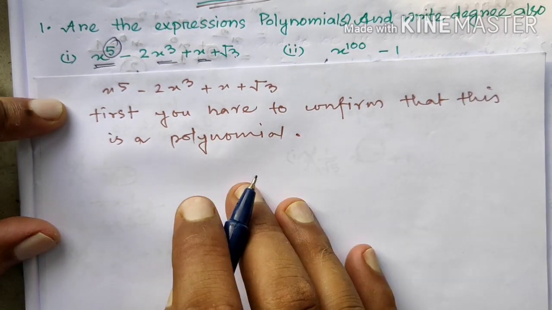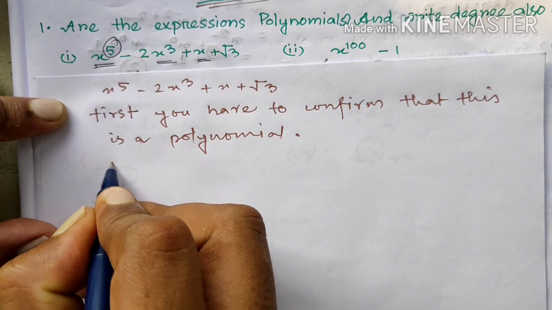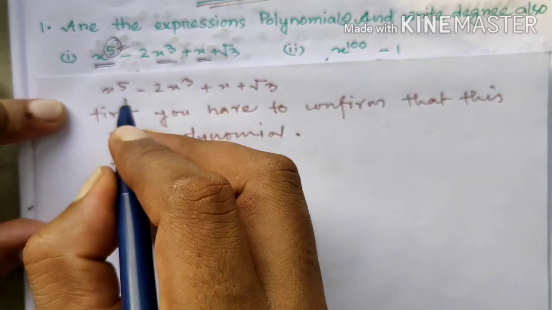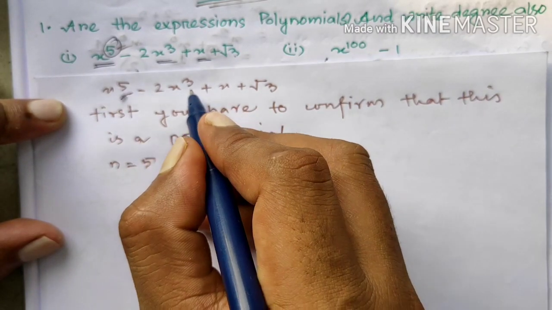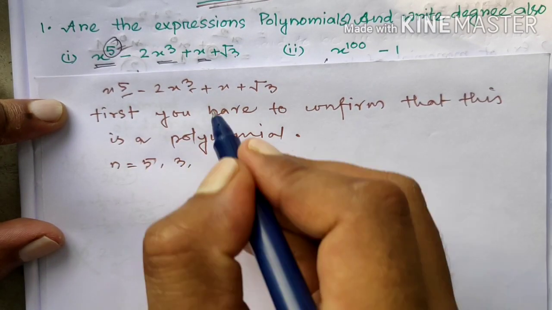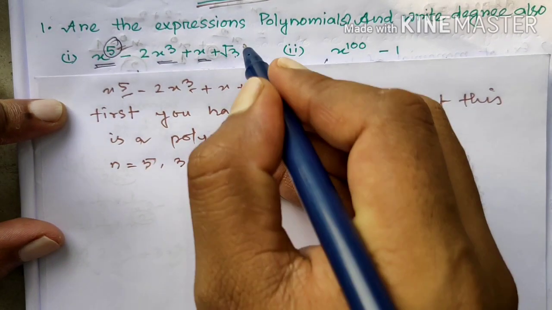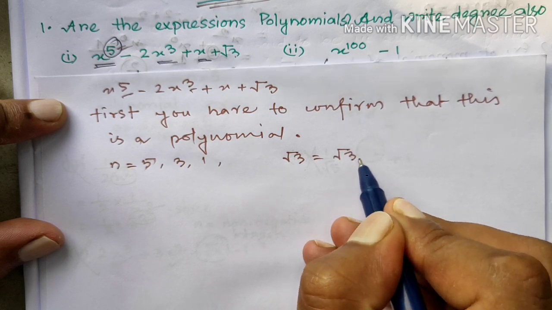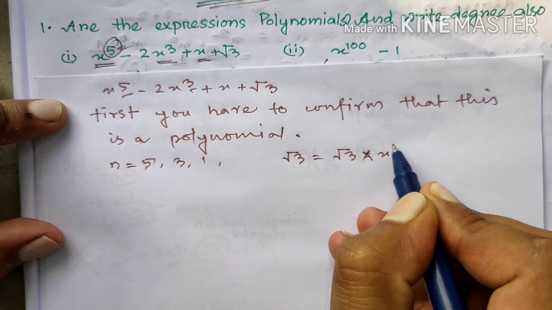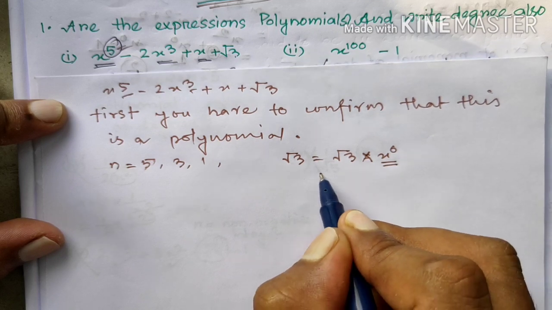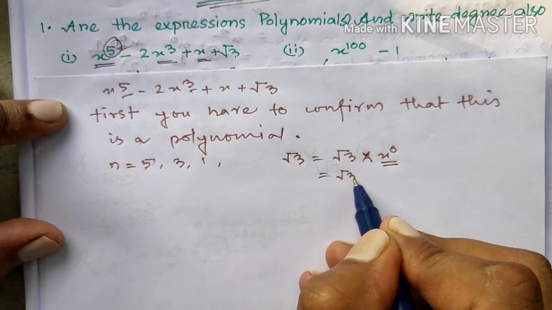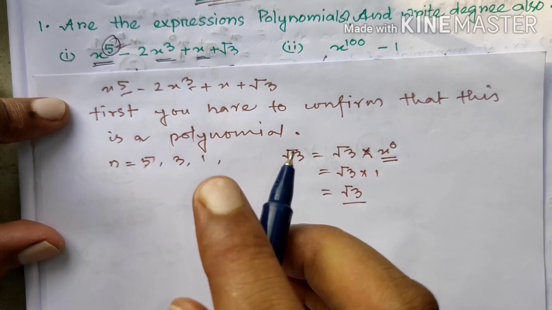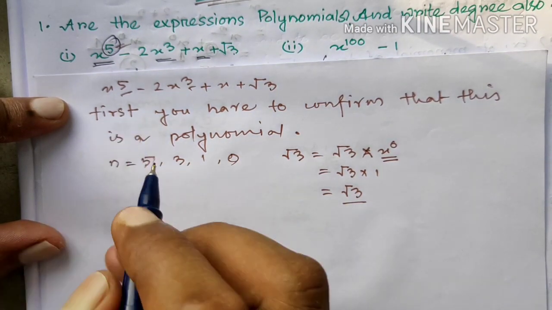Here the powers of the variable x are 5, 3, 1, and root 3 equals root 3 into x to the power 0. We know that x to the power 0 equals 1. Hence the degree of root 3 equals 0.